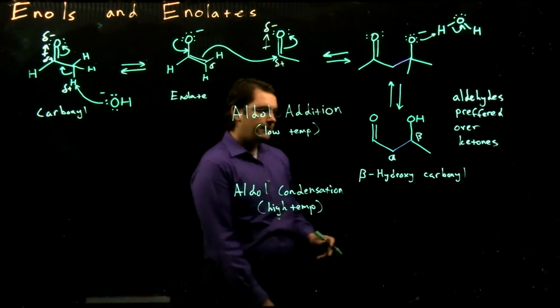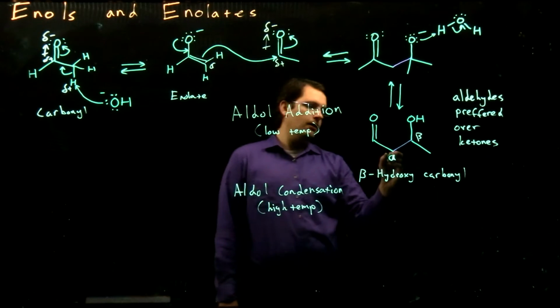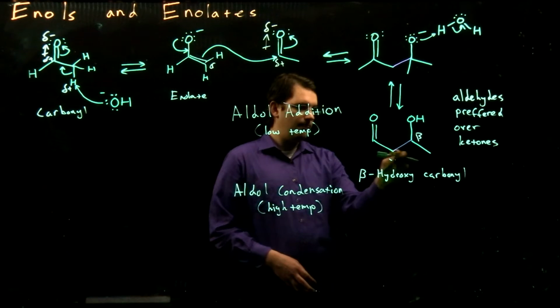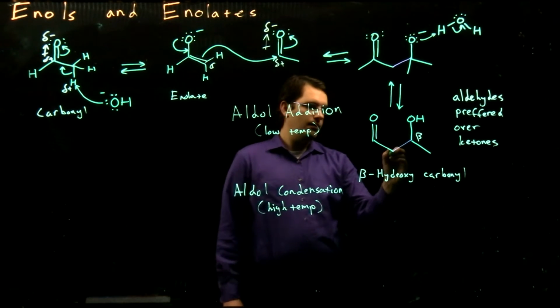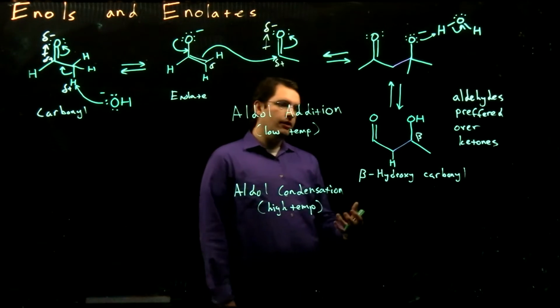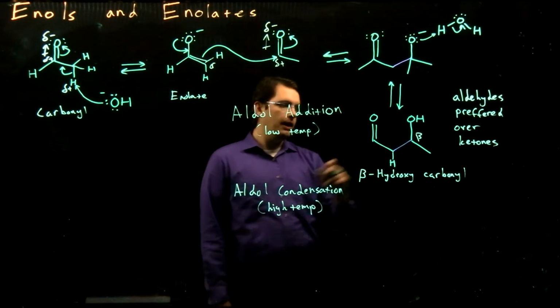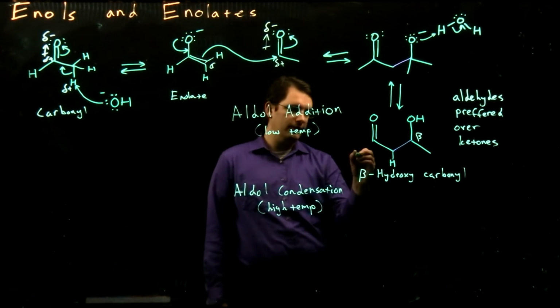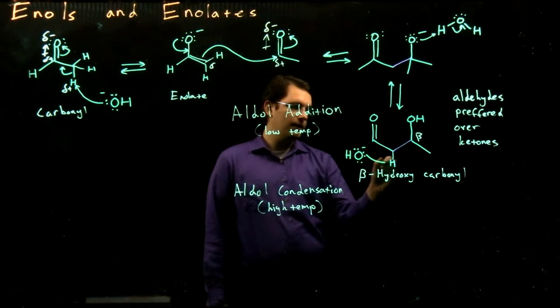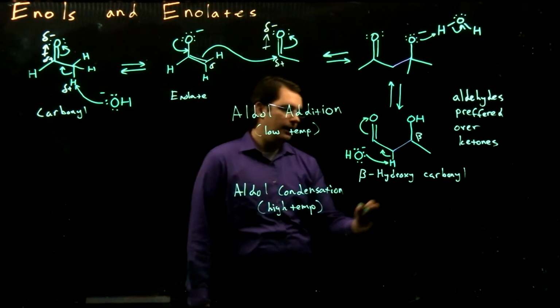Okay, so to see what happens here, first we need to take our initial product and we're going to form a new enol from our initial product here of our aldol addition. So I'm going to bring in my base again and deprotonate here to form my enolate.